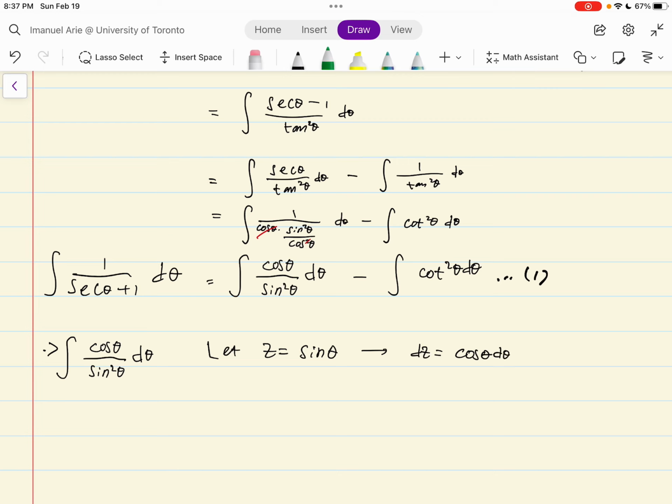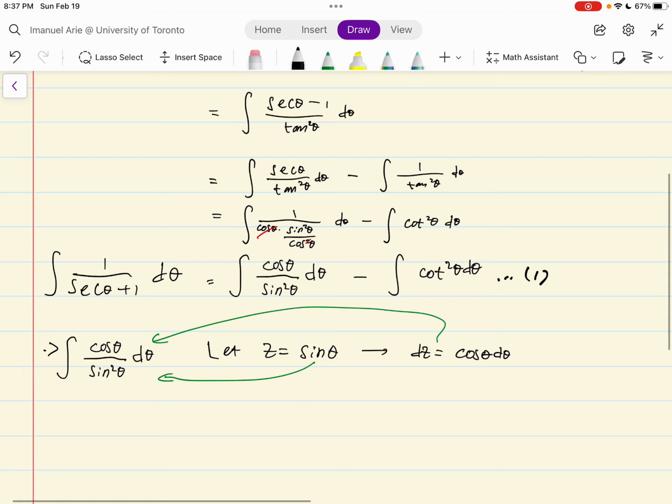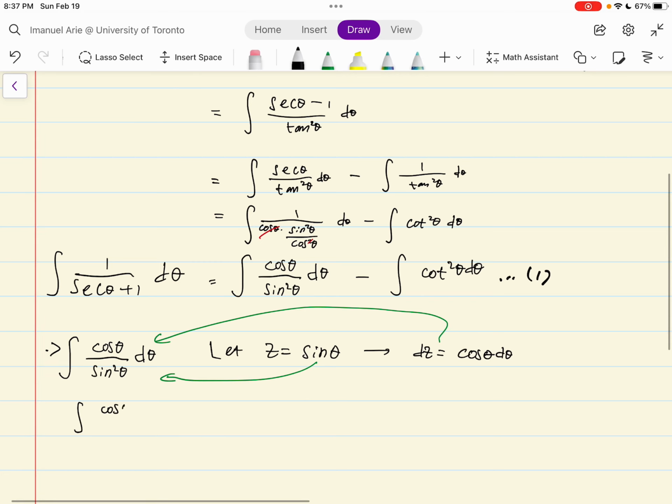Perfect, so we can just substitute the dz here and the z here. From the integration power rule, we will get, where z is equal to sine theta, the negative of 1 over sine theta, and 1 over sine theta is equal to cosecant theta.